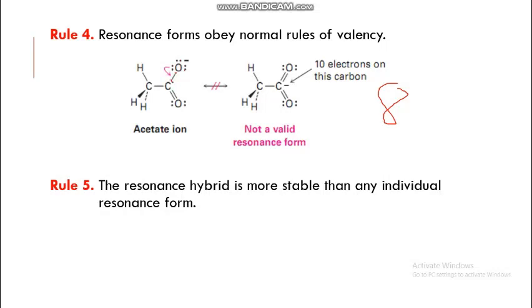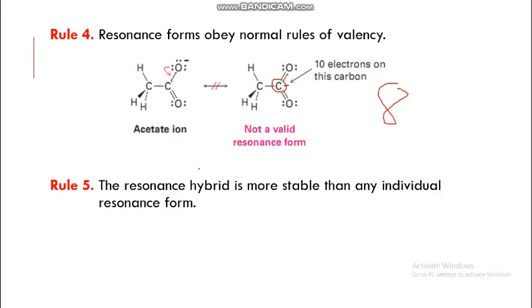So, meron siyang 8 valence electrons pa rin. On this one naman, 1, 2, 3, 4, 5, 6, 7, 8. Oh, madami. And 9 and 10 electrons on this carbon. So, it's not a valid resonance form.